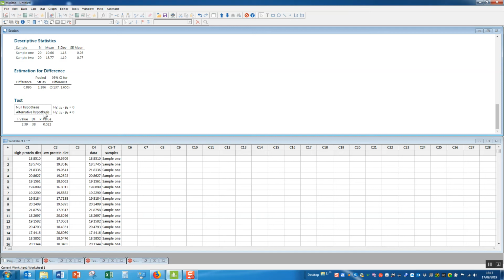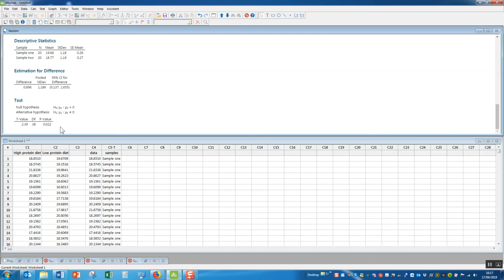My alternative hypothesis at the moment is that I am going to get something statistically significantly different from 0. It could be larger than 0 because mu2 is significantly less than mu1. It could be that that difference is less than 0 because mu2 is significantly greater than mu1.